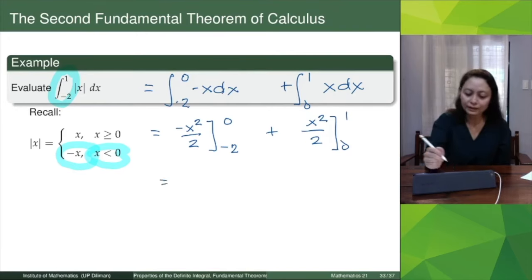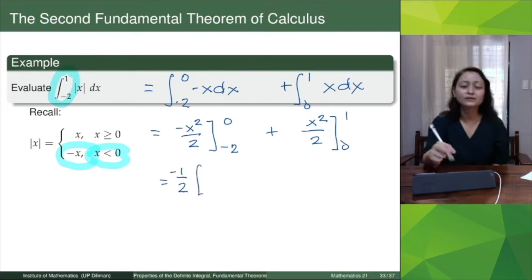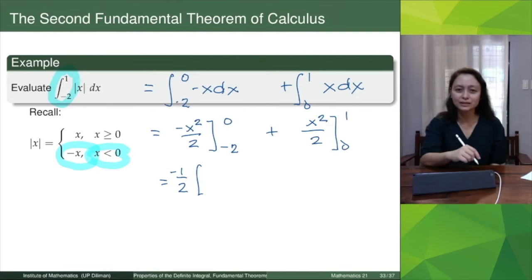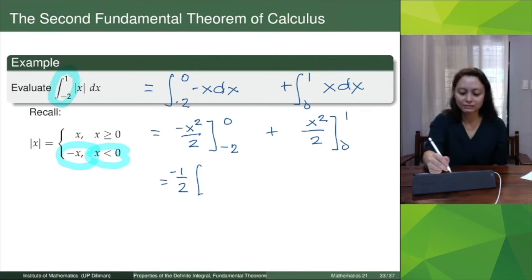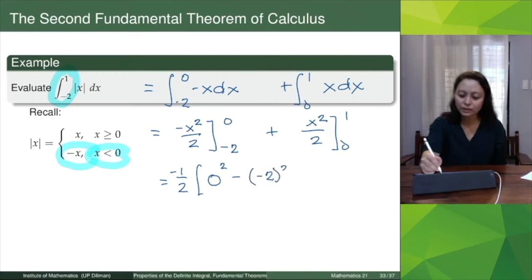Sige, you can factor out 1/2. Actually, dito sa first term, negative 1/2. Pwede nyo rin i-reverse yung limits of integration. Pero kung hindi ko i-reverse, so 0 square minus, pinactor out ko na yung negative eh, kaya minus negative 2 square.